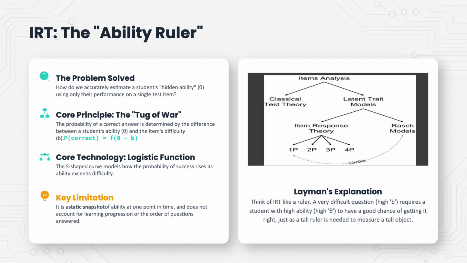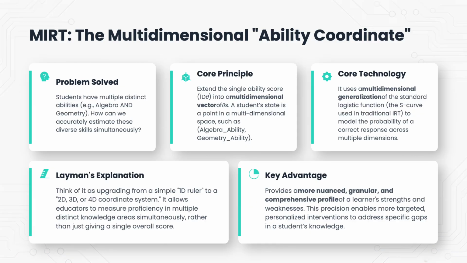This relationship is modeled using a classic S-shaped curve called the logistic function. IRT was revolutionary because it allowed us to compare students and questions on the same scale. However, it's important to remember its main limitation. It gives us a single snapshot of a student's ability at one point in time. It doesn't track how that ability changes as the student learns.